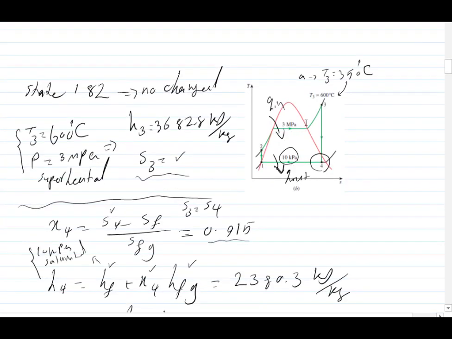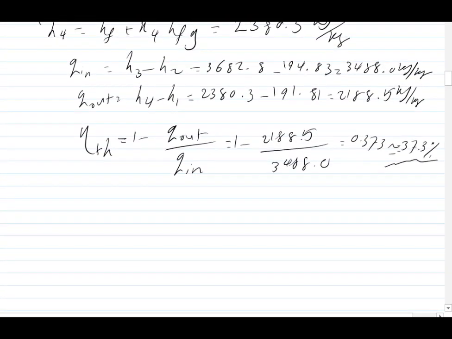You can see here that by increasing the temperature of the superheated steam, we can increase the efficiency of the cycle, about 3%. The thermal efficiency of the cycle is increased by increasing the temperature of superheated steam in the cycle.